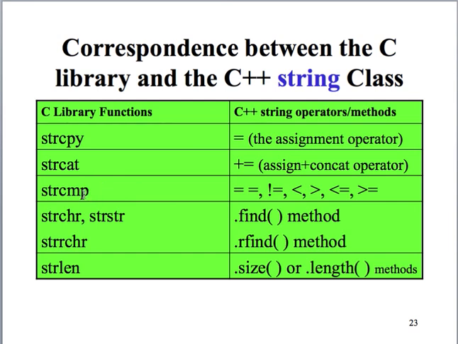String compare, instead of using strcmp and having to get all those funky values, we can use the normal comparison operators like we use with ints and floats. For substring operations, we have .find and .rfind, and for string length, we have .size and .length. There are other functions in the C++ string class also, but these are some of the most common ones that we would use.